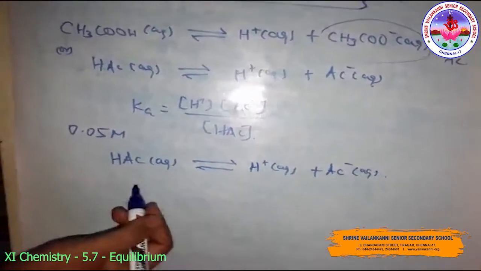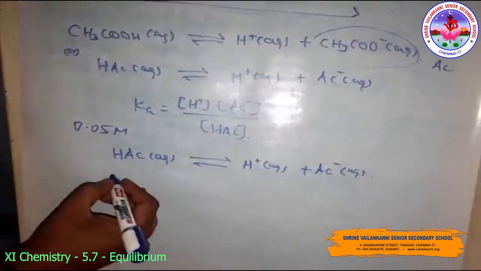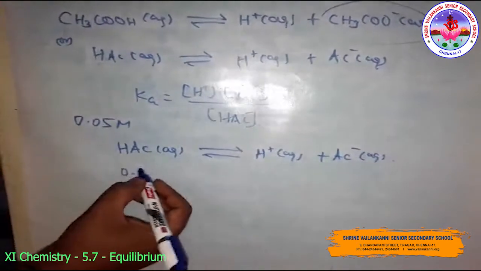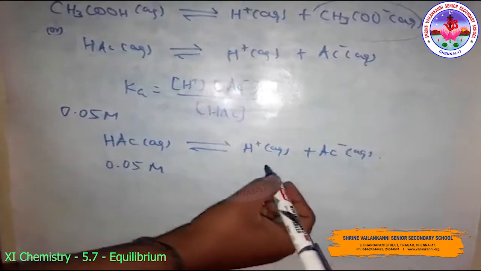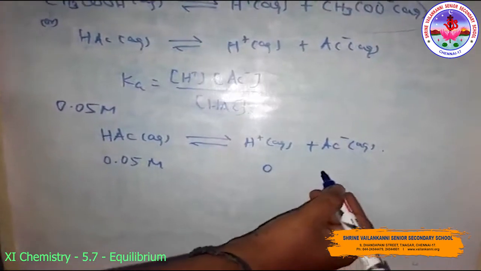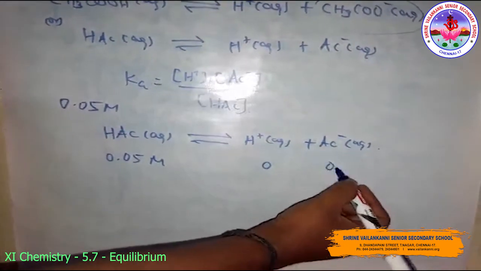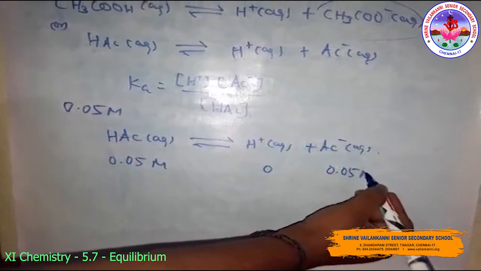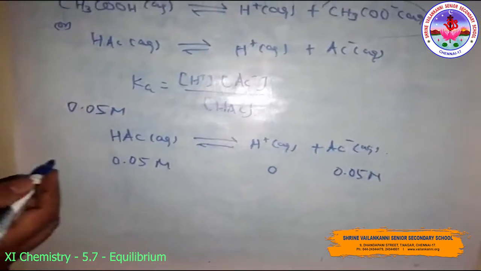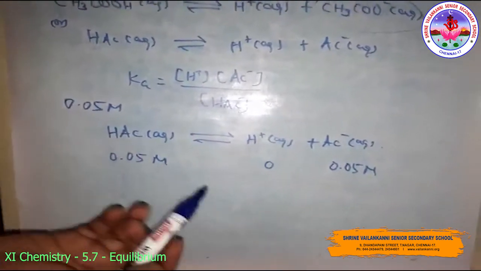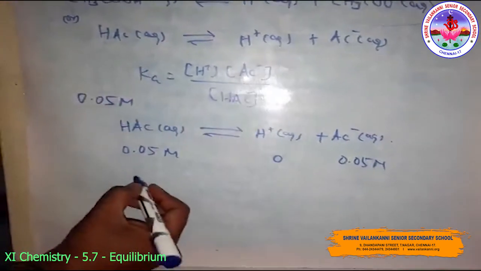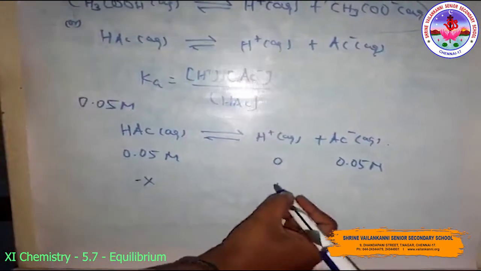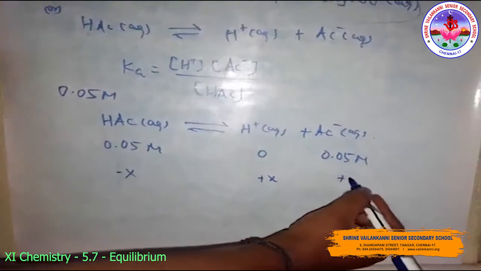Here the initial molar concentration of acetic acid is 0.05 molar, H plus is 0, and acetate ion is also 0.05 molar. Let x be the extent of ionization of acetic acid. So the change in concentration is minus x for HAC, plus x for H plus, and plus x for AC minus.